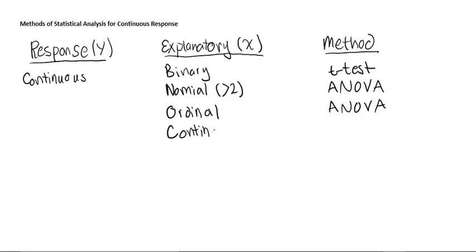You can have continuous explanatory x variables, and if we have continuous, we're going to be looking at multiple regression. I'm going to abbreviate it. We can also have a mixture, so nominal and continuous.